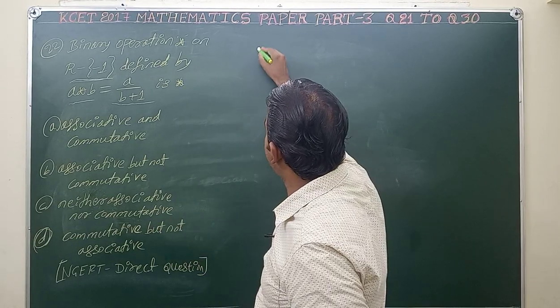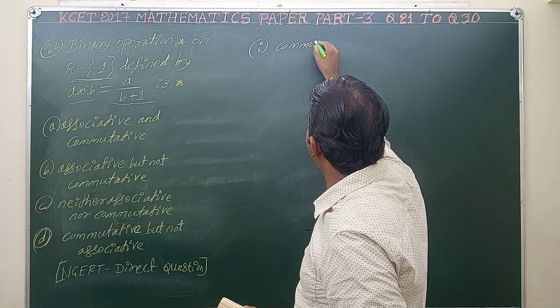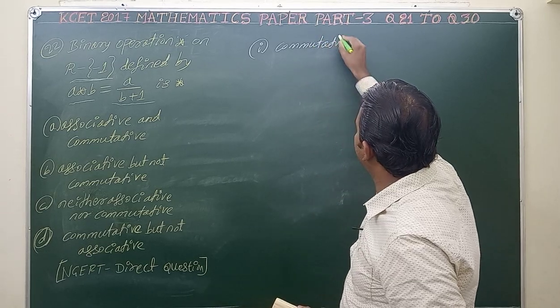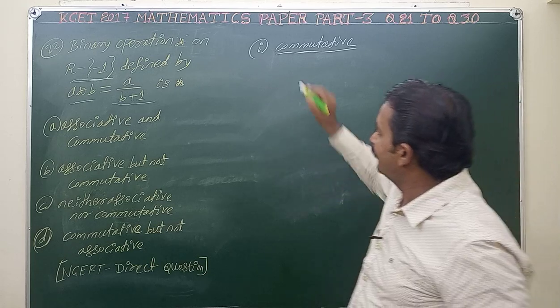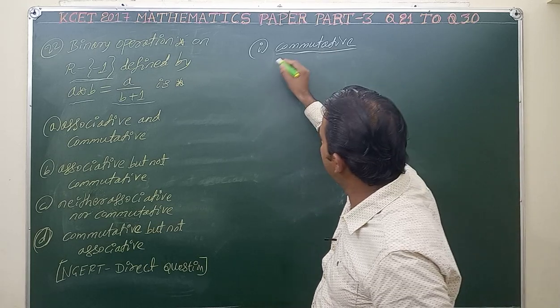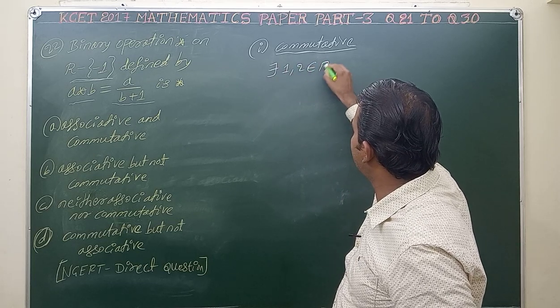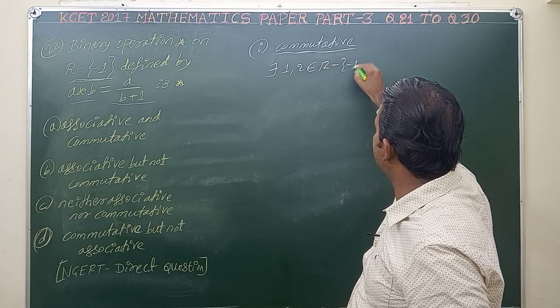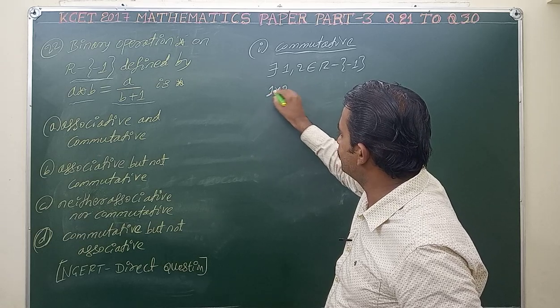So let us take first the commutative law. We can prove that by taking an example. There exist 1, 2 belonging to the real numbers except minus 1. Let us take first 1 star 2.